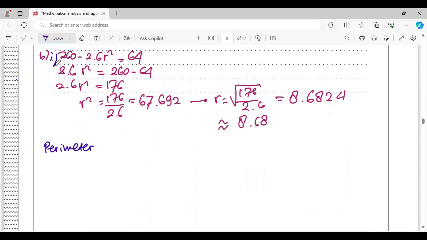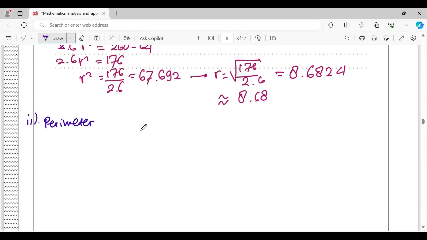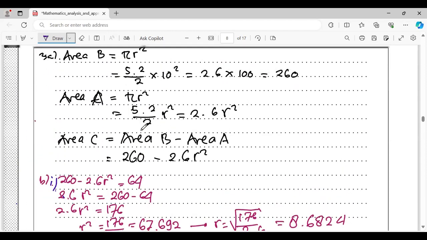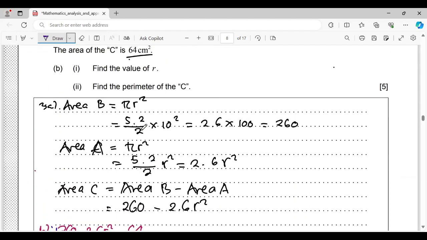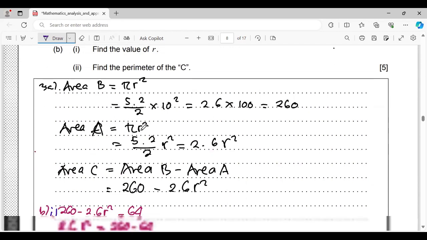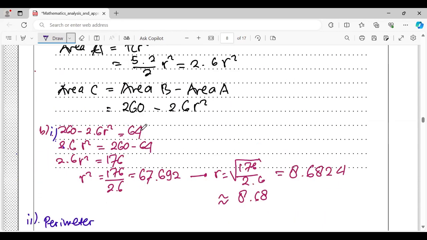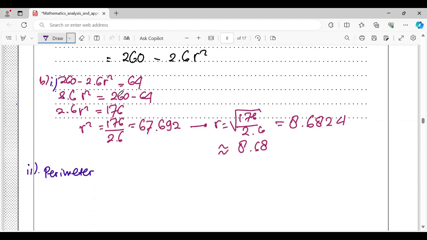The value of r is already found. For the perimeter, I have to calculate the arcs first.